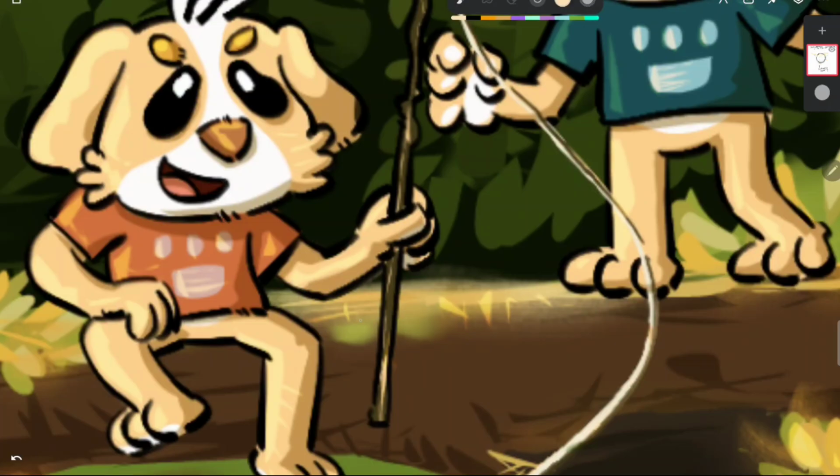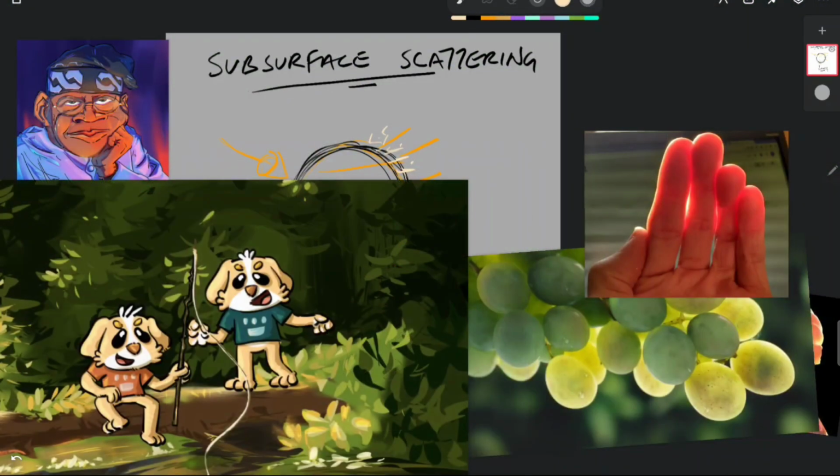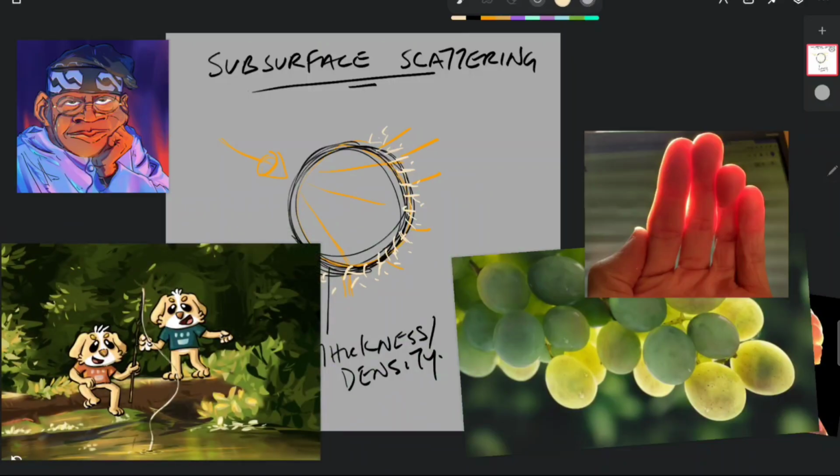I break it down, soften it so you see the subsurface scattering. So take note of that. Light comes into a translucent object and then it passes out on the other side, and then it takes a new form, a new tone. It takes in the color, or it exaggerates, or I'd say intensifies, the color inside that object.